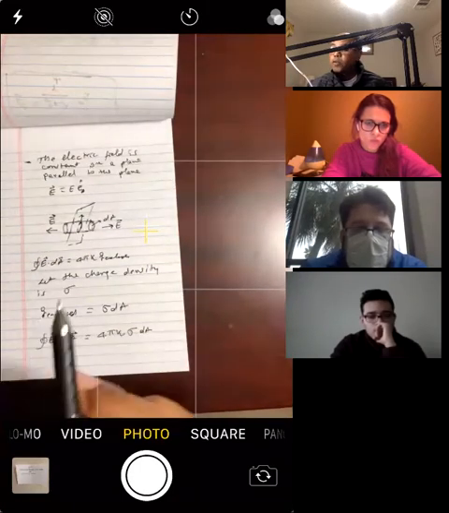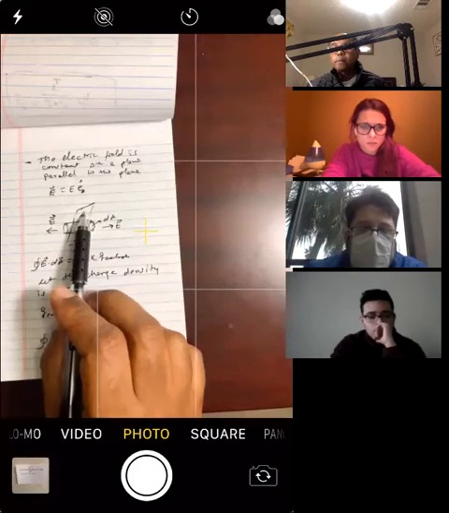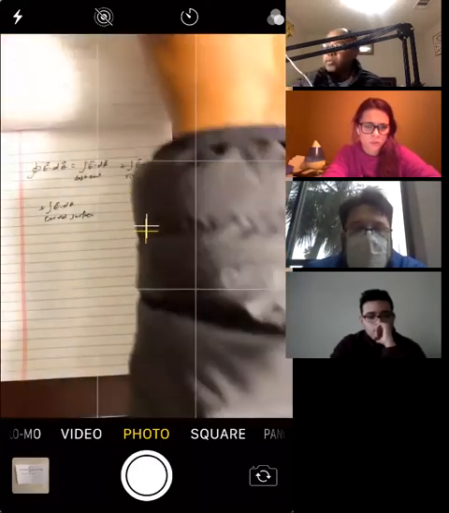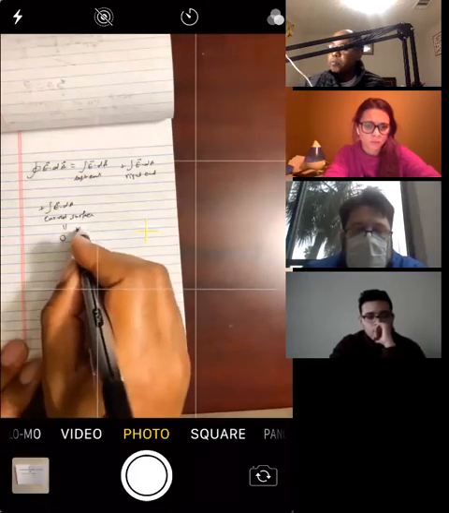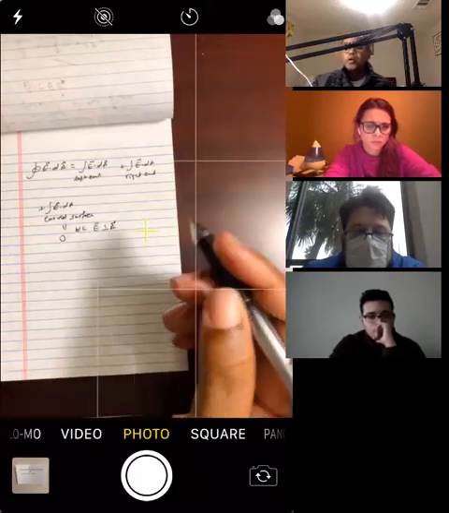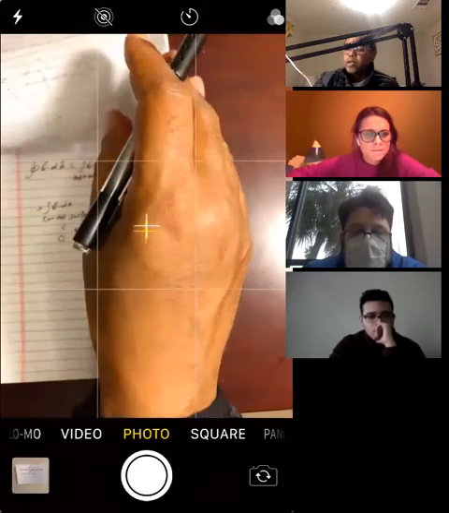So on the curved surface, the electric field and the area are perpendicular to each other, so the flux is going to be zero on the curved surface. Do you see that? So we have only these two left.